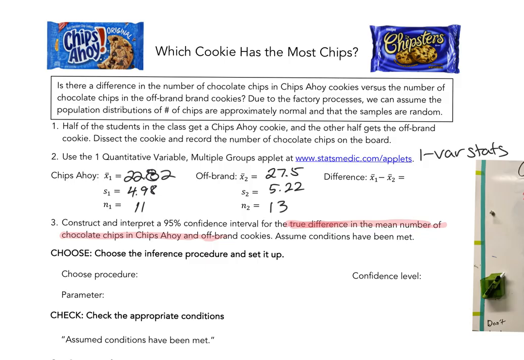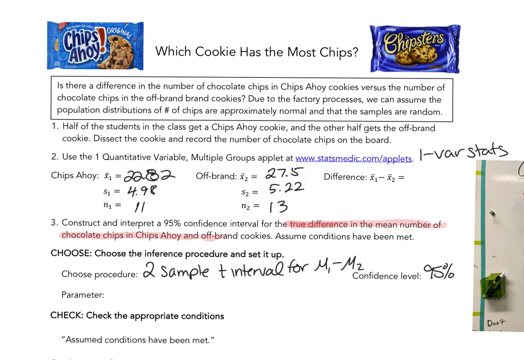So the same 4C process for confidence intervals. Our procedure, I have two samples, so it's a two-sample t-interval for mu1 minus mu2. I want to know the true mean difference. It says 95% confidence.